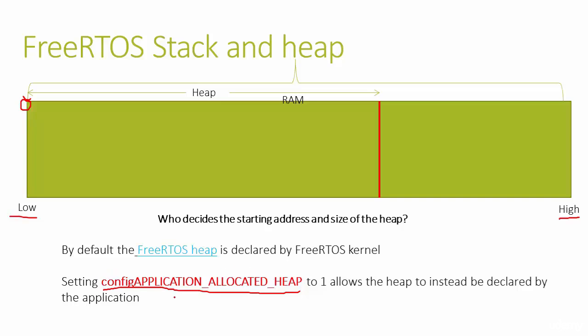You can set this configuration item to 1, which allows the heap to instead be declared by the application. By default, this configuration item is set to 0. But if you make this configuration item equal to 1, then you will have the control to decide the starting address of the heap in the RAM.